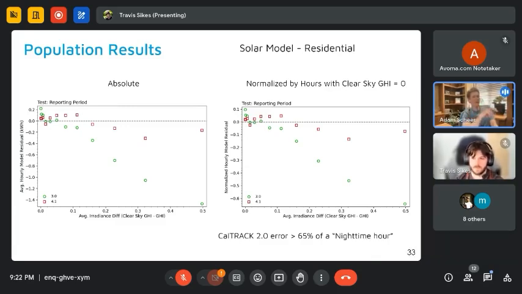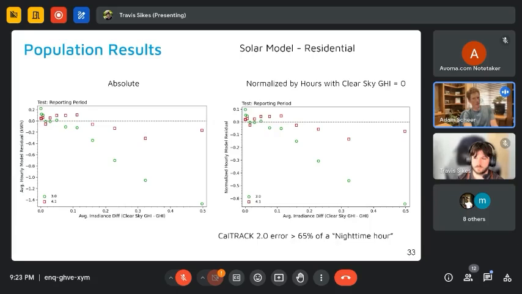When you have those hours, a difference of just 20%, so from 1.0 to say 0.8, can drive a greater discrepancy in the Caltrac 2.0 model than you would get by looking at a 7 a.m. hour where it's actually 50% cloudy, but your absolute difference in clear sky GHI versus GHI is much, much smaller because there just isn't that much sun shining at that point.